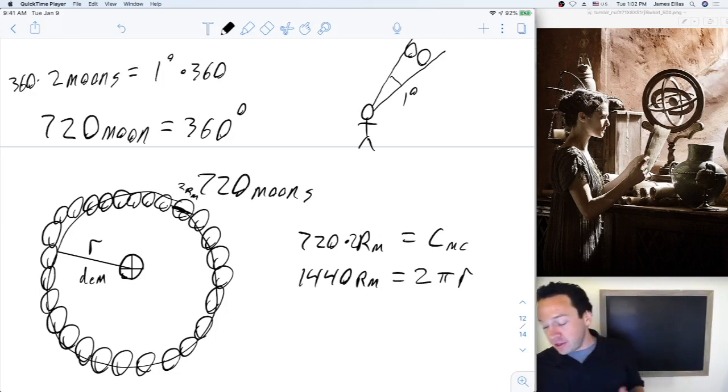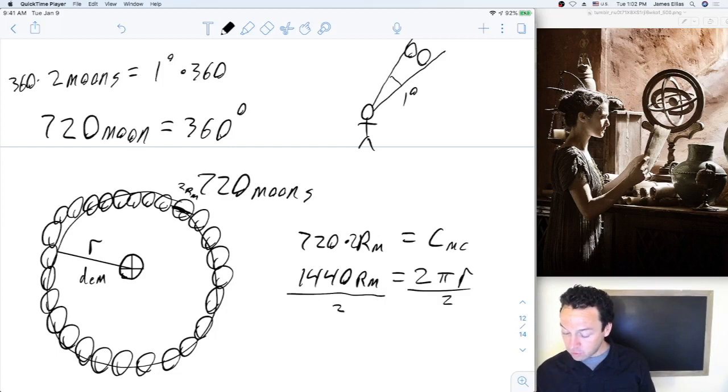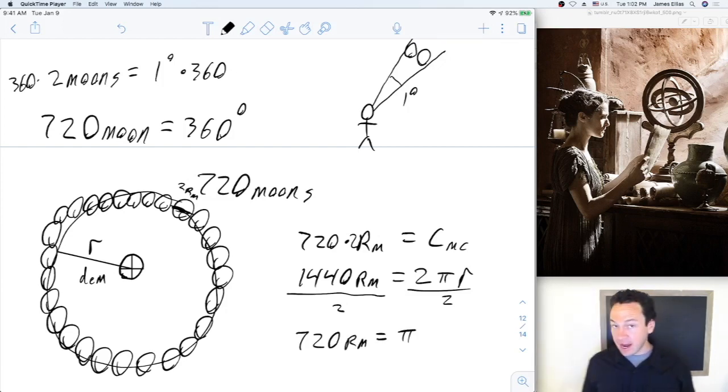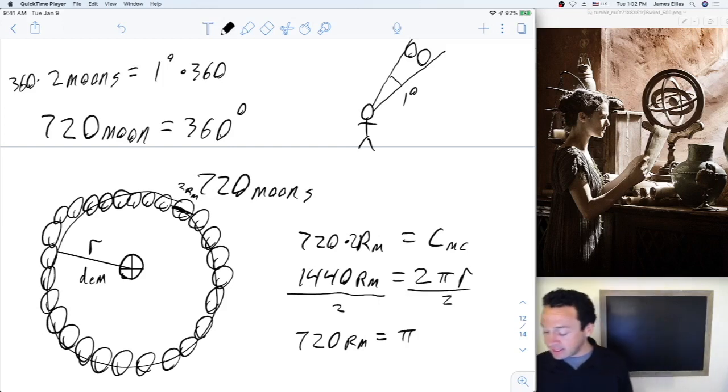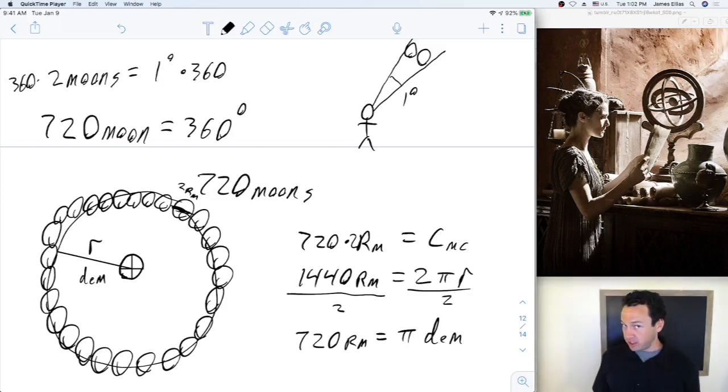Now let's divide both sides by 2. So we're actually back to 720 rm equals pi times the distance between the Earth and the moon. Because remember, the radius of this circle is just the distance between the Earth and the moon.